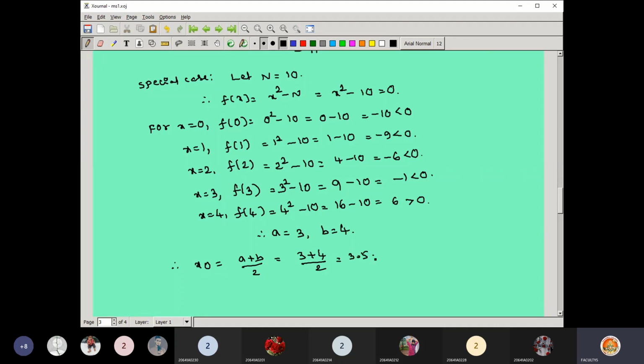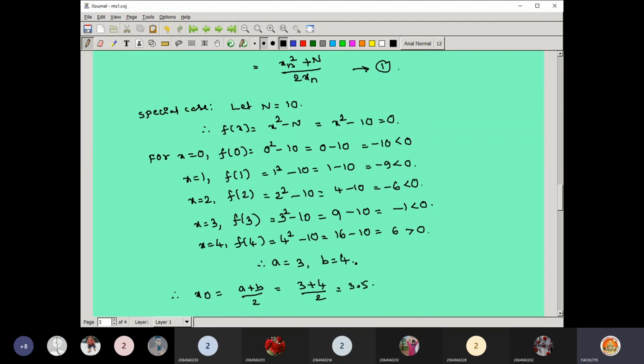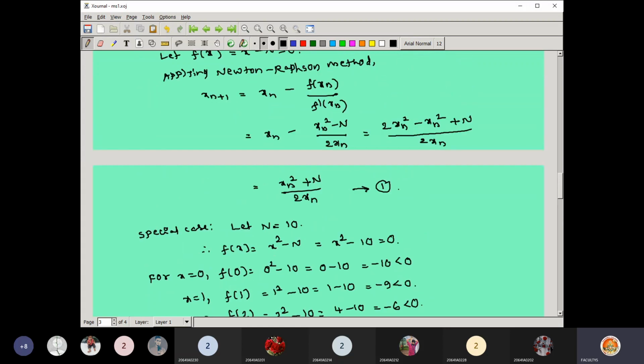So after getting this, just now we derived a formula to calculate the square root. From equation number 1, I am directly substituting here. For n equal to 0, I am substituting n equal to 0 in equation number 1.